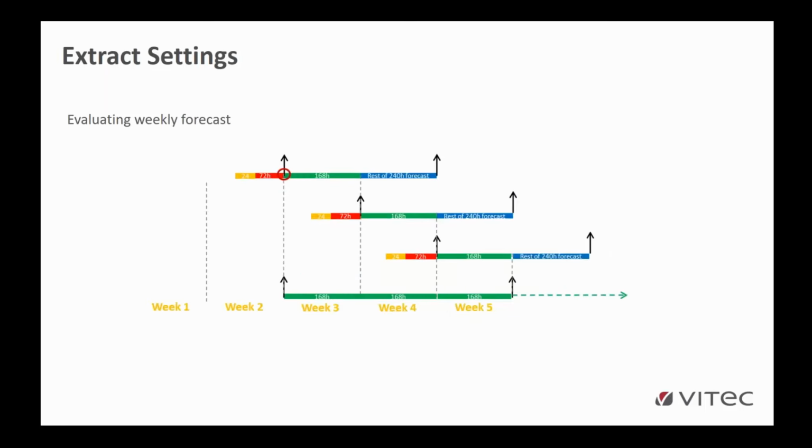And then by setting a longer extraction, you can look at, for example, how is my 3-day forecast or my weekly forecast. So by expanding the extract hours, so how long the length of our forecast that we're evaluating should be, you change what you're looking at. So for this example, we're evaluating weekly forecast, so we have set it to 168 hours to be extracted.